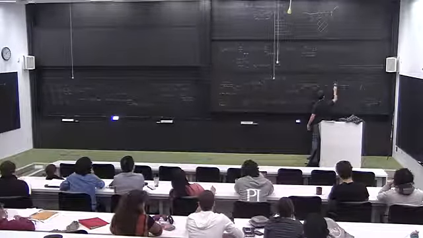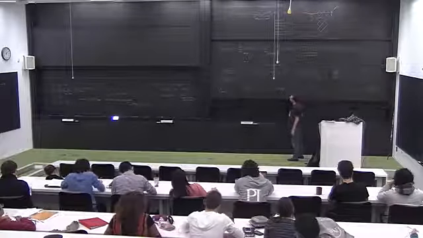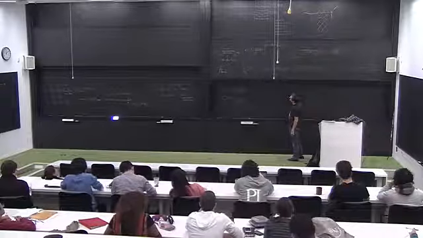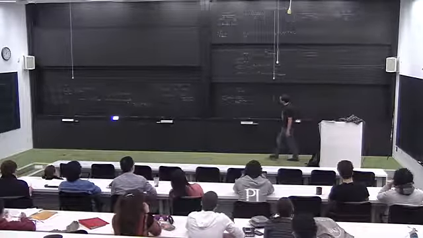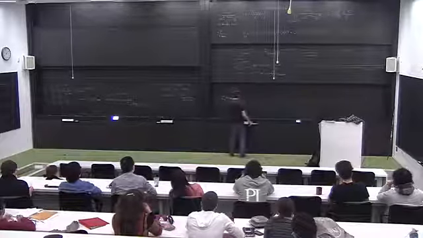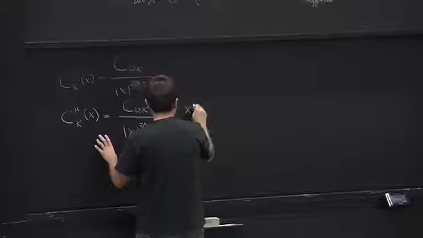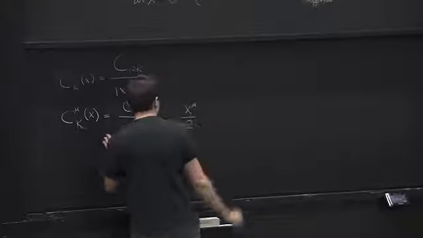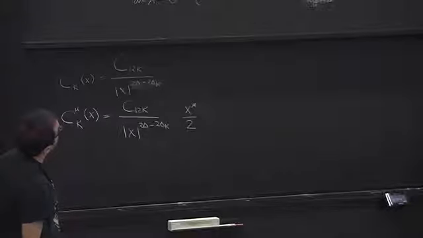Okay. So then, this guy gives just times x_mu over 2. Is it okay now? Yeah.